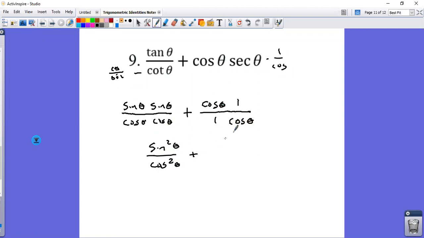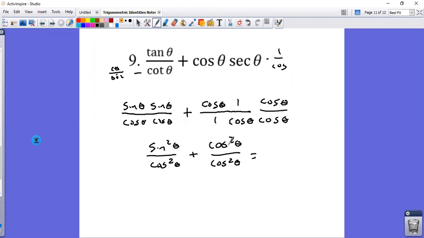I need cosine squared, right? So I already have 1 cosine. I need another cosine anyhow. So no need to reduce it out. I need both. So this is cosine times cosine would be cosine squared over cosine squared, which of course would be 1. But to add them together, I need the common denominators.